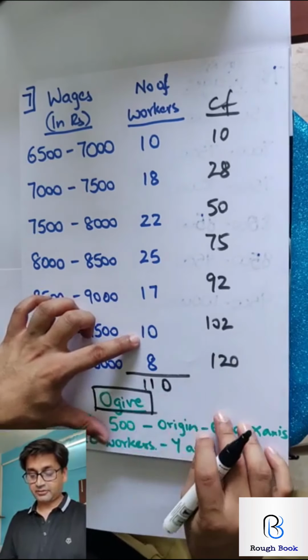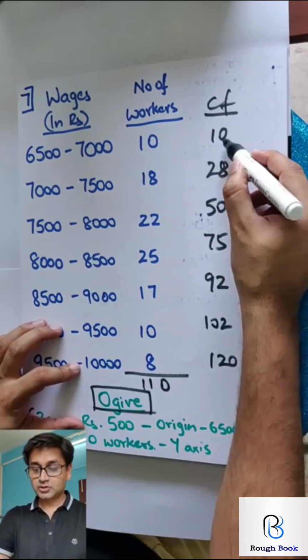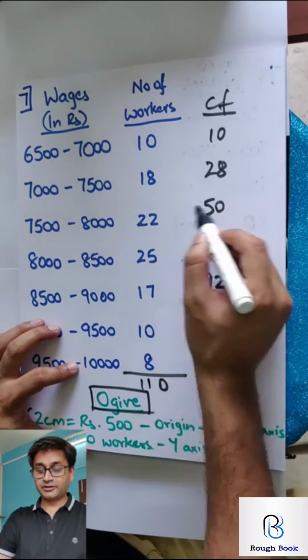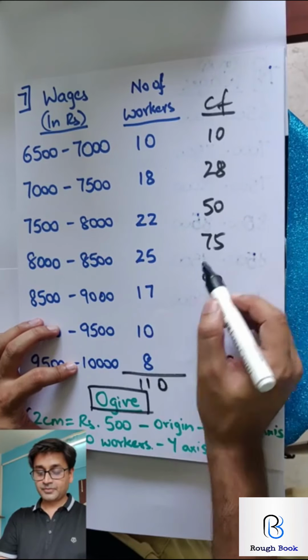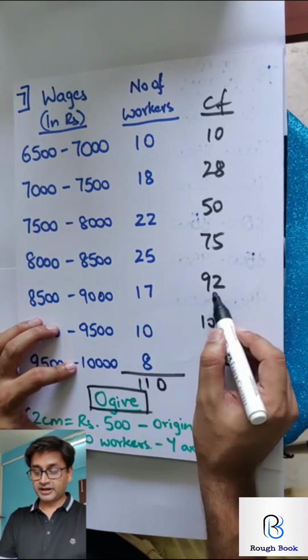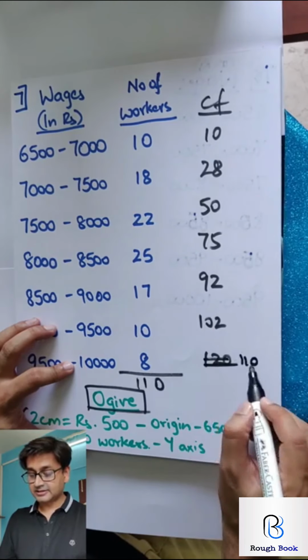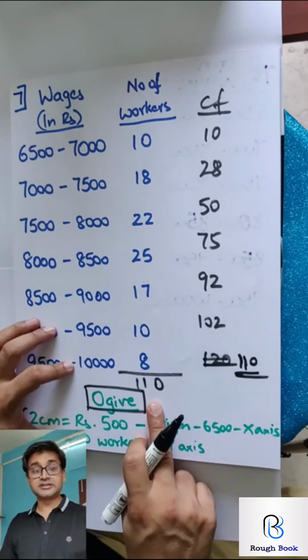So I am getting 110. Why did I get 120 here then? 10 plus 18 is 28, 30, 40, 50, 60, 75, 85, 92, 92 plus 10 is 102, plus 8 should be 110. See, this thing really saves us.